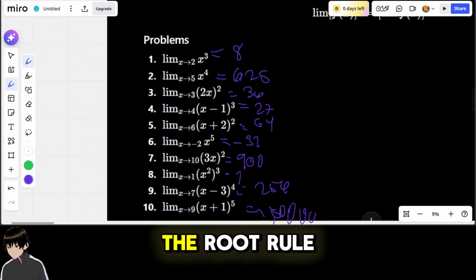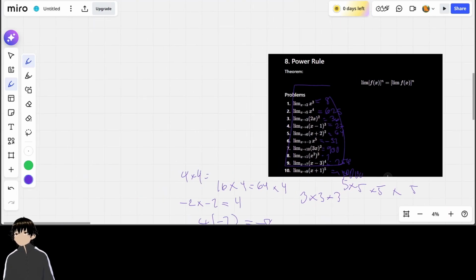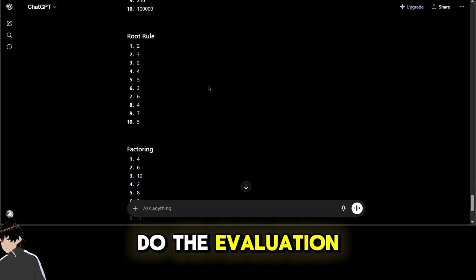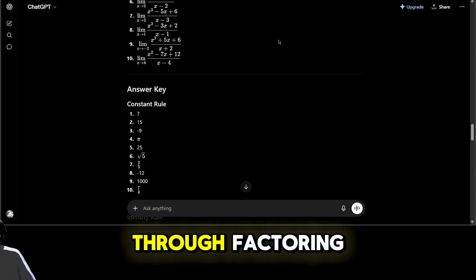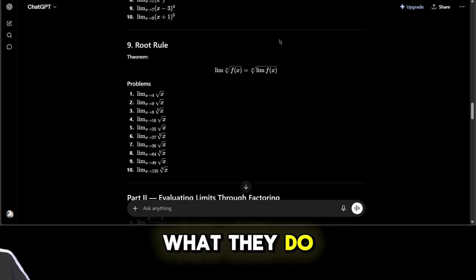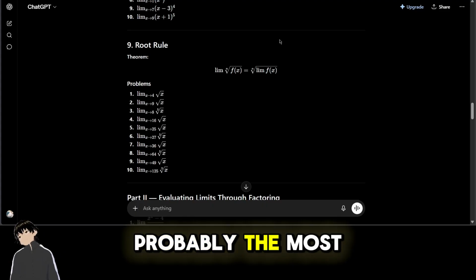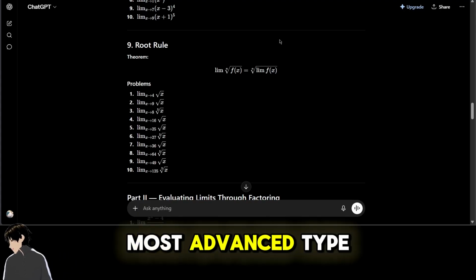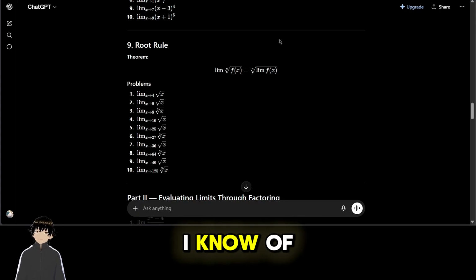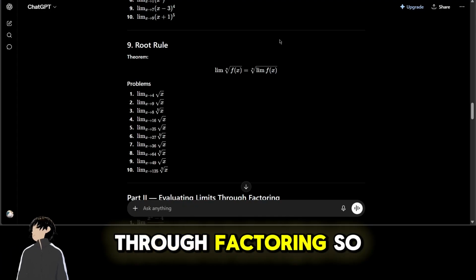Now let's do the root rule before we immediately do the evaluation. Okay, we're going to evaluate some limits through factoring, and this is what they do in calculus actually. Probably the most advanced type of limit that I know of is evaluation through factoring.